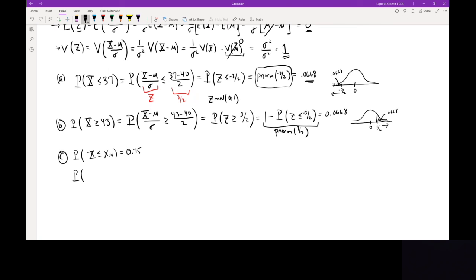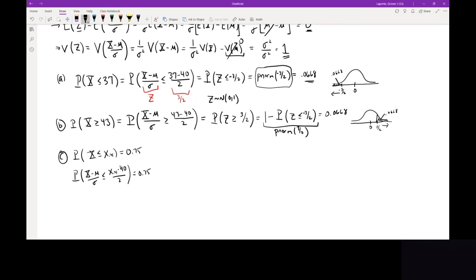And how can we do that? Well, again, we're going to do the same thing. We're going to transform this variable into a standard normal. Subtract mu divided by sigma is less than or equal to x 0.75 minus 40 divided by 2, is equal to 0.75.